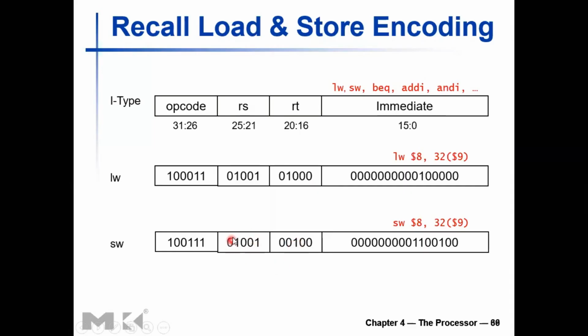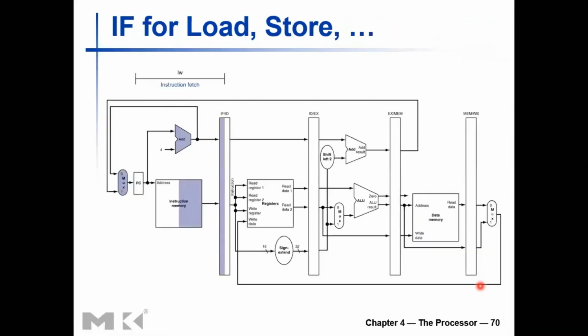You have the base address in the RS register, bits 21 to 25, and you need to add the offset to the value provided in that register to get the memory location, and you are writing the value in the RT register into that location. No, you are not writing this particular value here. This is the address of the register. You go to that register, get the value there, and write that to the computed memory address. That is the concept of the load and store instructions.